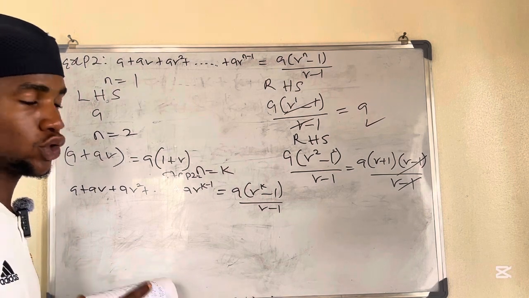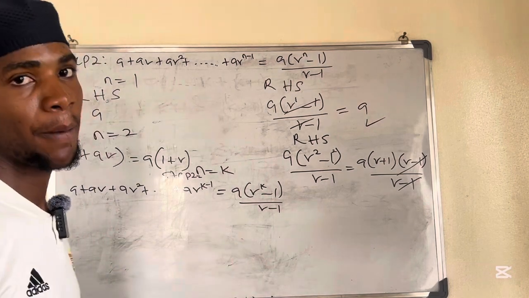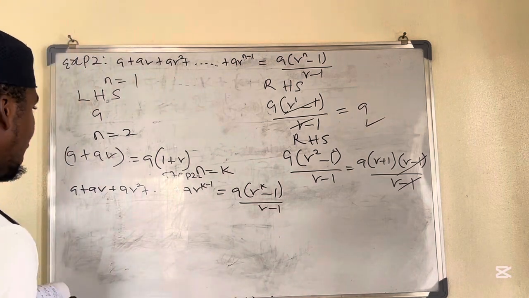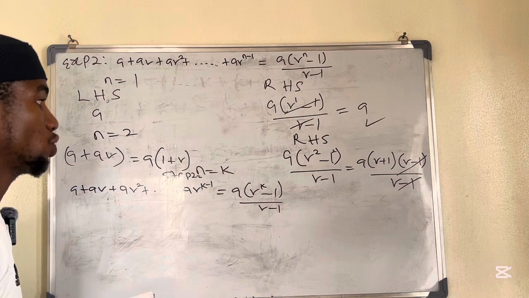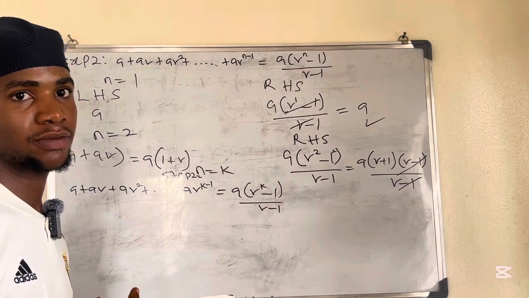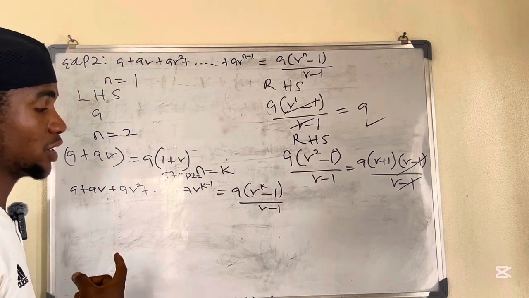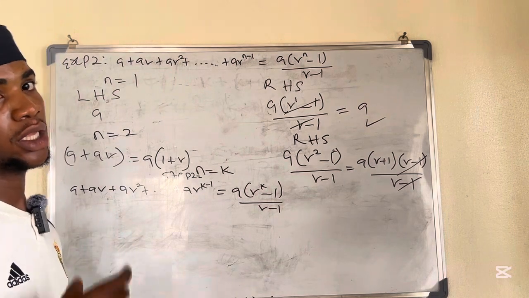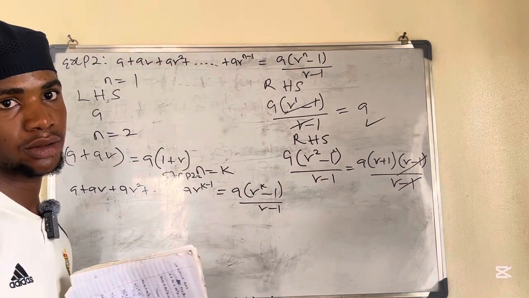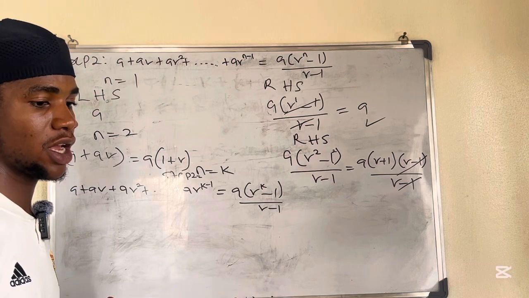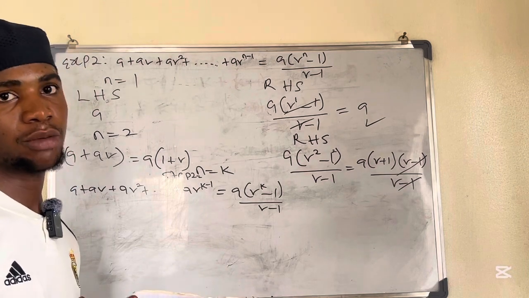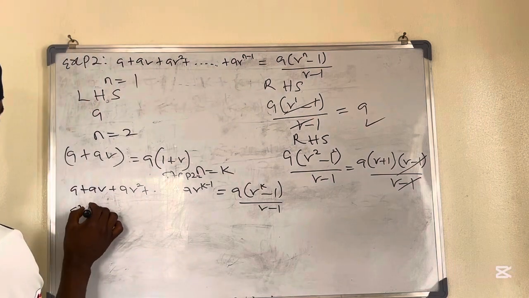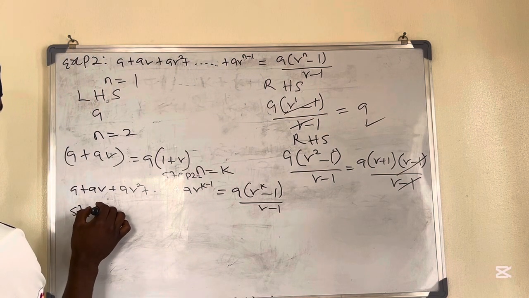So we don't want the video to be lengthy, and I hope you guys are understanding. So step 3 says that we should prove that n is equal to k plus 1. They're incrementing k by 1. So they say we should prove that n is equal to k plus 1. Step 3.